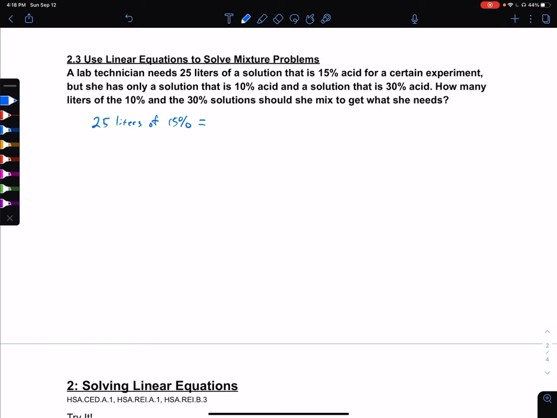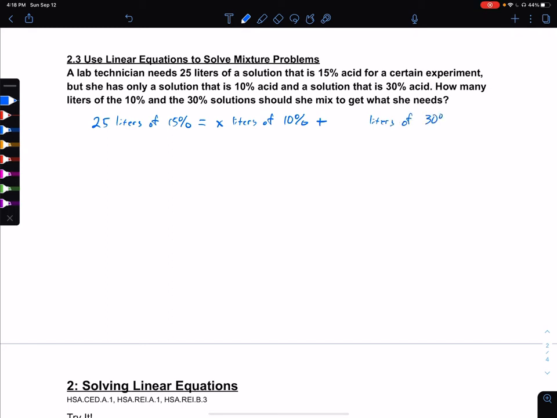So let's say the 10% acid solution is X liters of 10% solution. Again, that's what we're trying to figure out. The liters is the unknown. And when we're mixing the solutions, we're going to put them together. So we're going to add them.